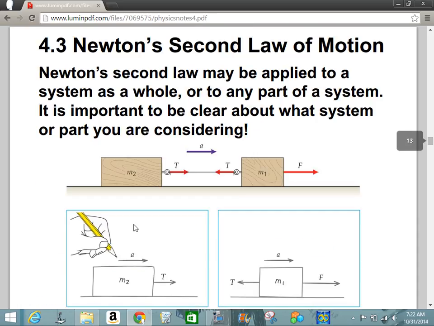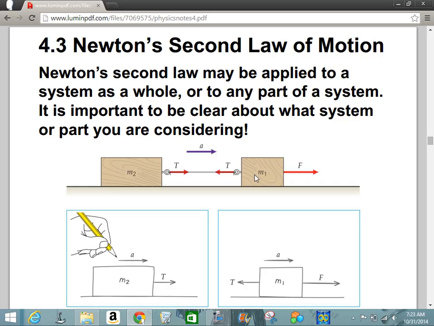And so Newton's second law of motion may be applied to a system as a whole or to any part of the system, and it's important to be clear about what a system is. So let's just look at this picture. If I pull from this end, I apply a force to this block.